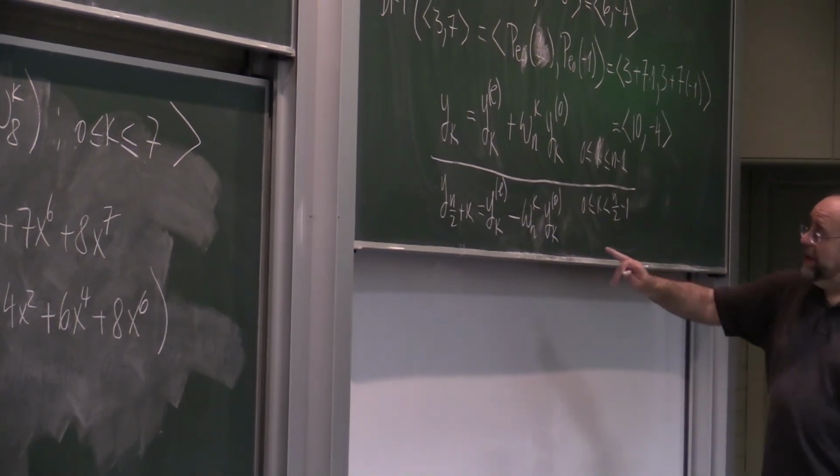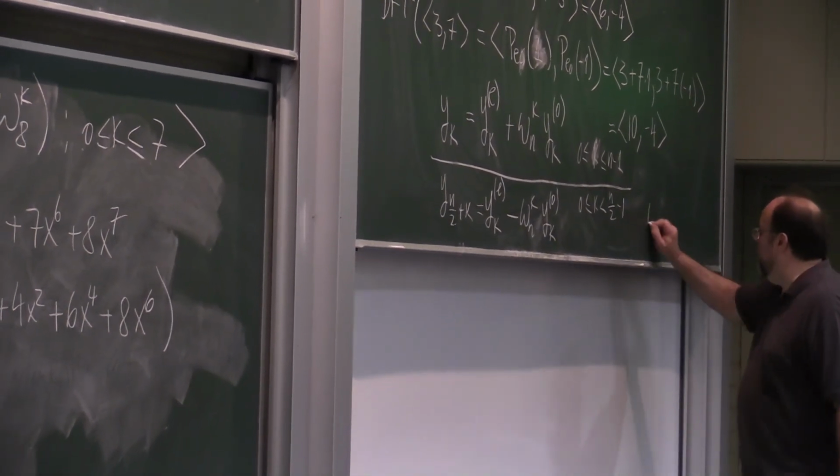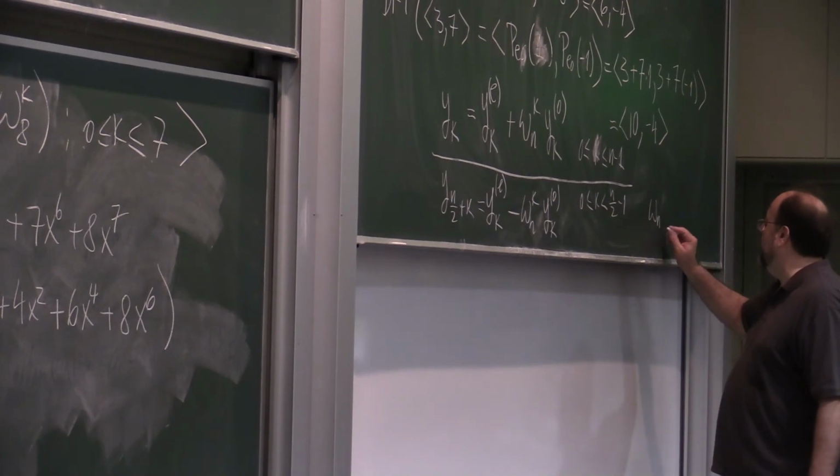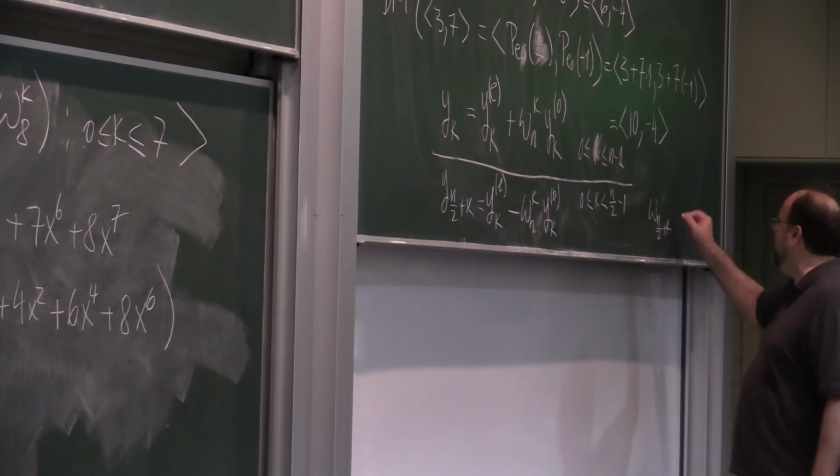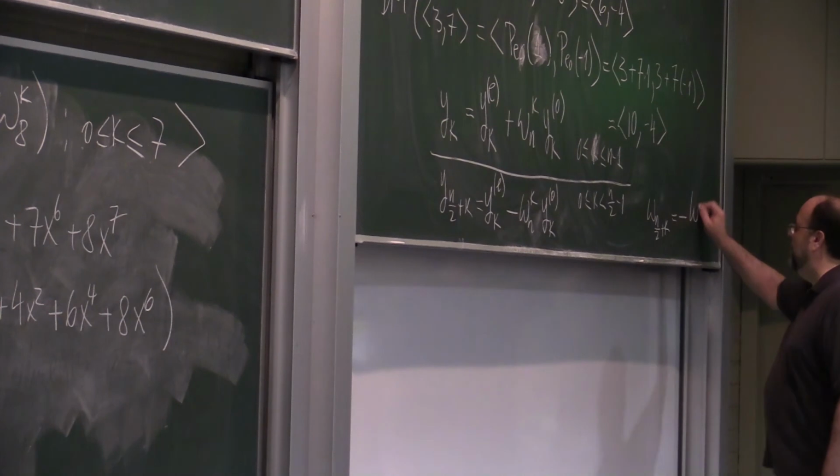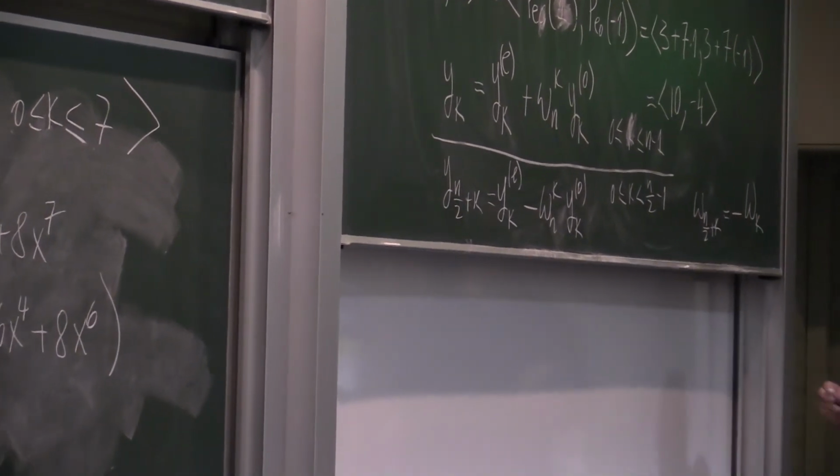Right? Because omega n over 2 plus k is just minus omega k.